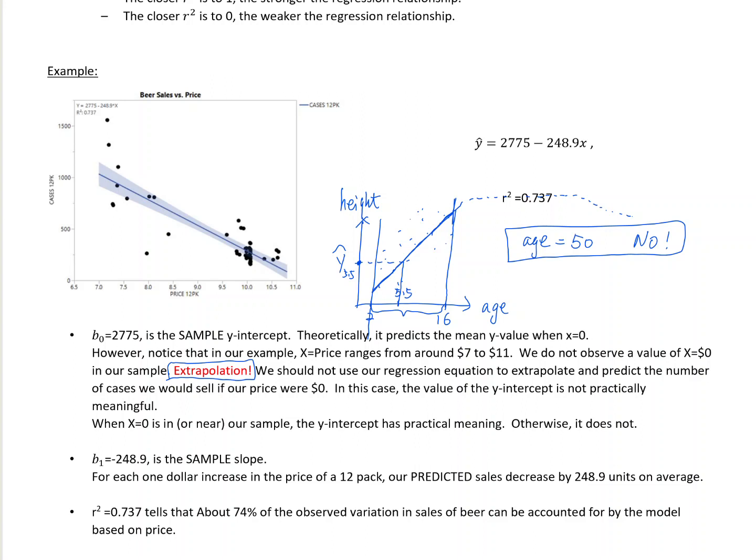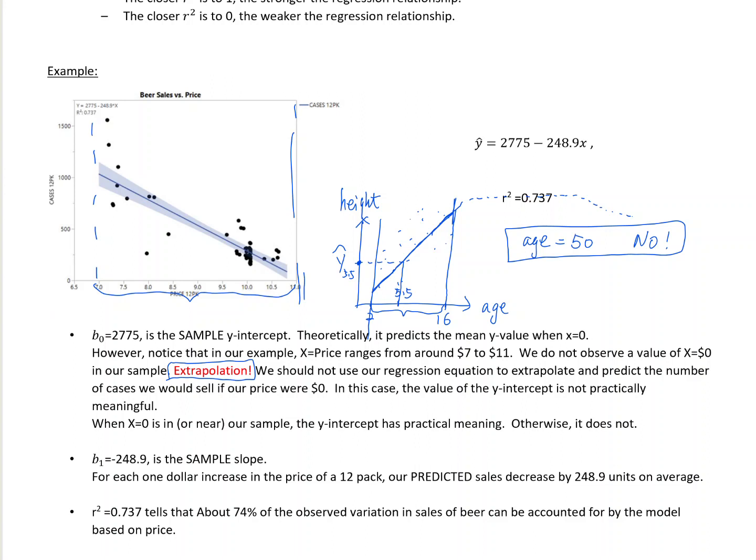All right. So let's come back to our case. The sample we collected is from about 7 to 11, right? So you can only make the prediction in this range. You cannot make the prediction when x equals 0 because 0 is not in this range. So how can you interpret this b0?